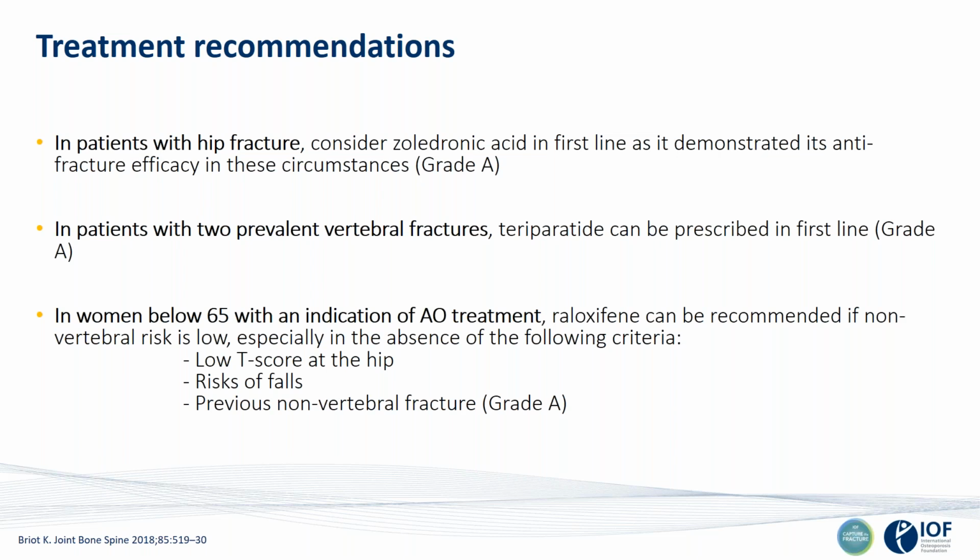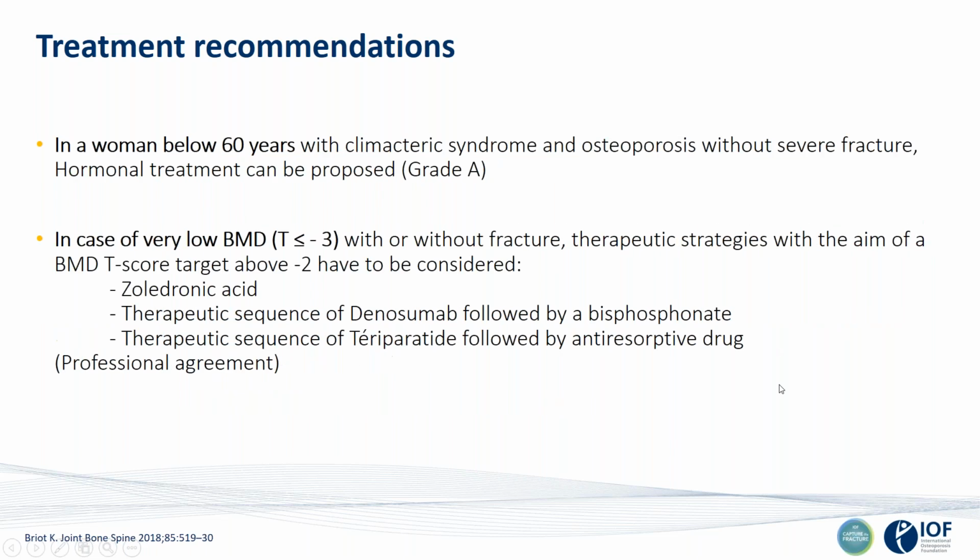In our country, raloxifene is reimbursed up to the age of 70. If it is even a younger woman below the age of 60 years with a climacteric syndrome and osteoporosis, then HRT is still a good option.